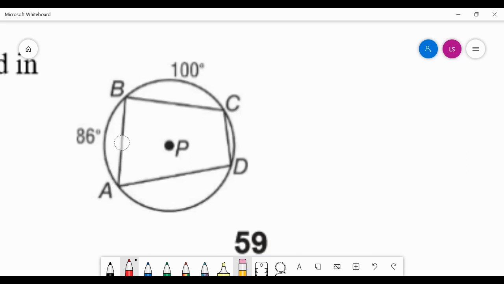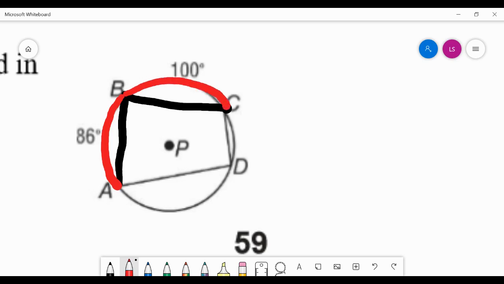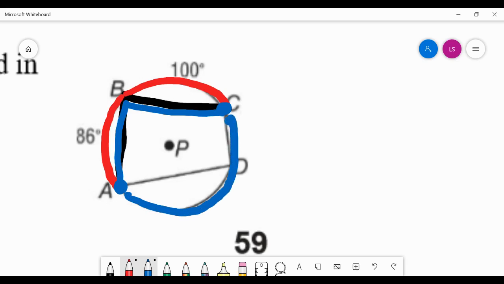So we're looking for this angle right here. I have 86 right here, 100 right here. And notice that this angle, this ABC angle right here, is inscribed in this arc right there. That's the rest of the circle that completes the 360.